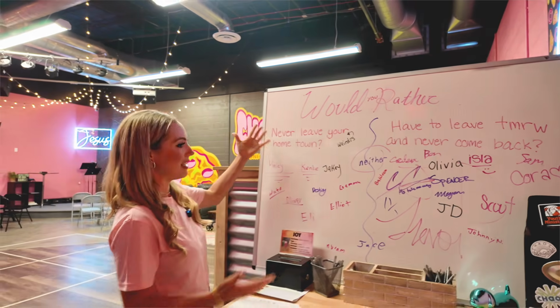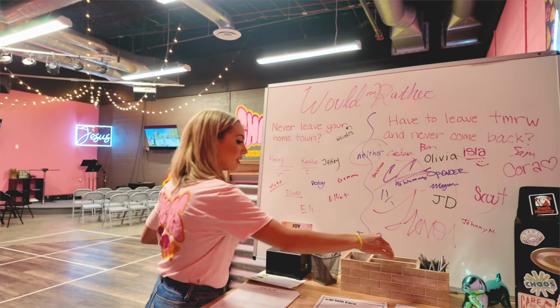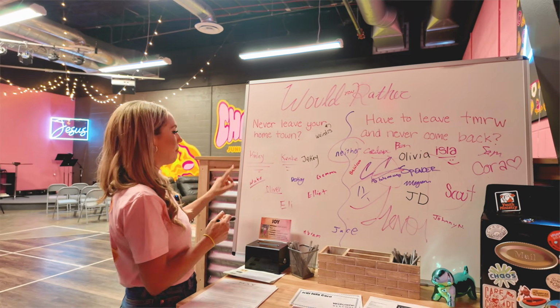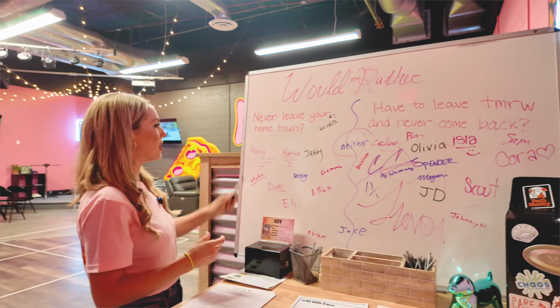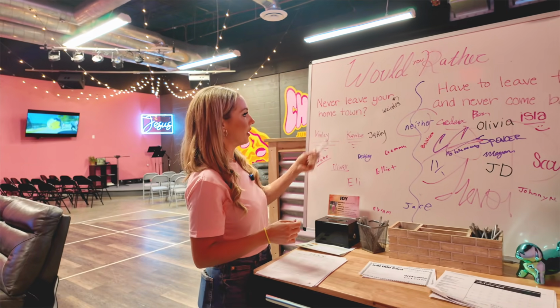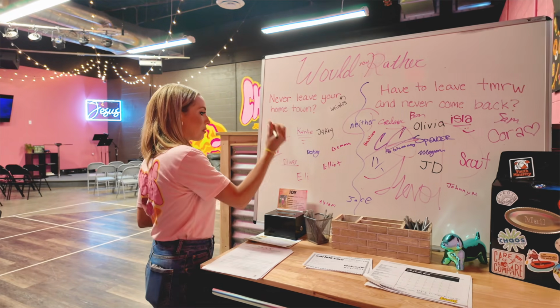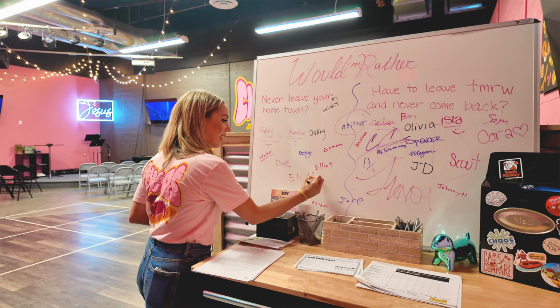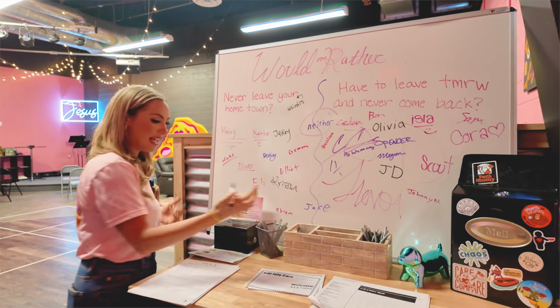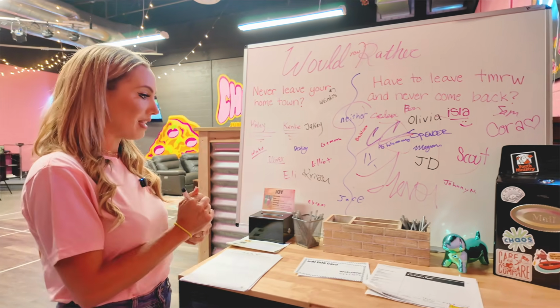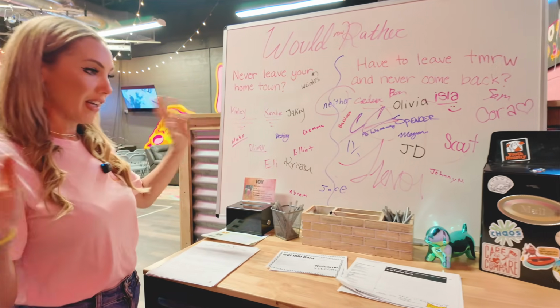So this one says, it's a big whiteboard, and we leave out some dry erase markers, and people write their name under the one they choose. So would you rather never leave your hometown or have to leave tomorrow and never come back? And so kids will write their name under the one that they choose, and it gets them here at the info table.